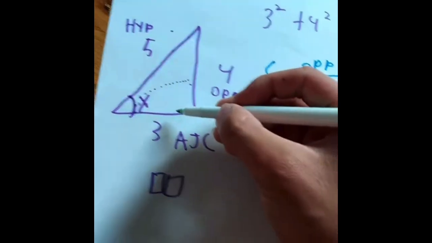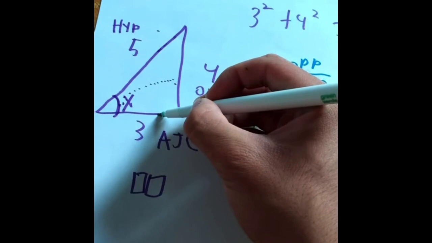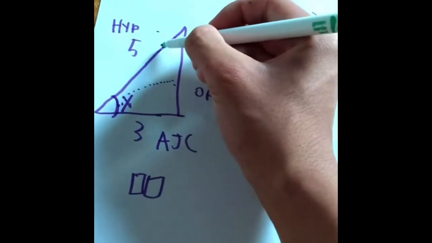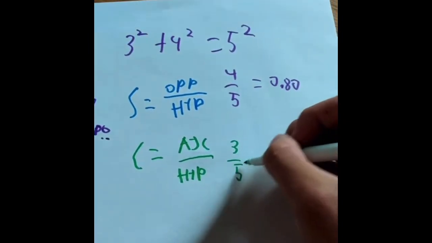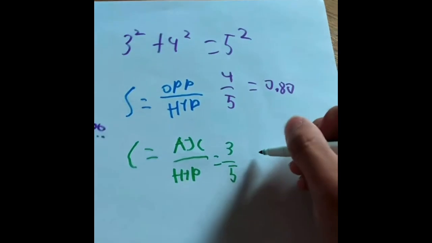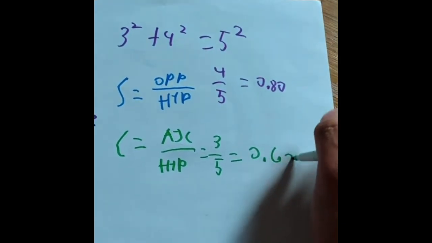So when we do that, the cosine is this bottom line divided by this gigantic ramp line, or the hypotenuse. So we're going to have 3 over 5, and if you want that as a decimal, you get 0.60.